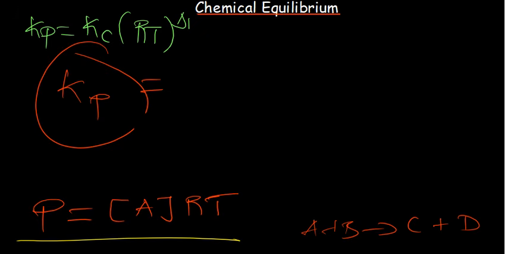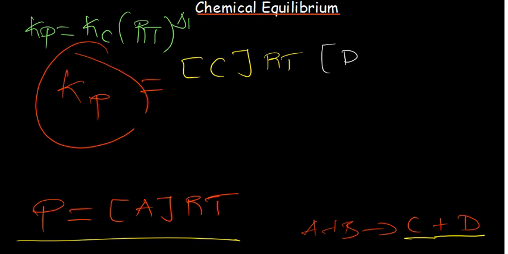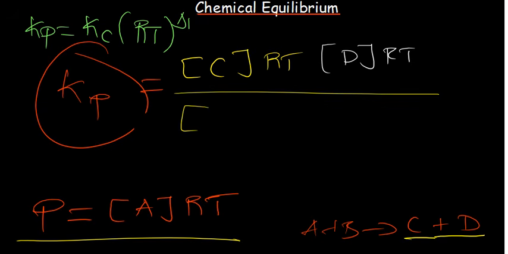So for the products we have C, so I'll say the concentration of C multiplied by RT, again the concentration of D and then RT, and then the concentration of A, and then RT, and then the concentration of B, and then RT.